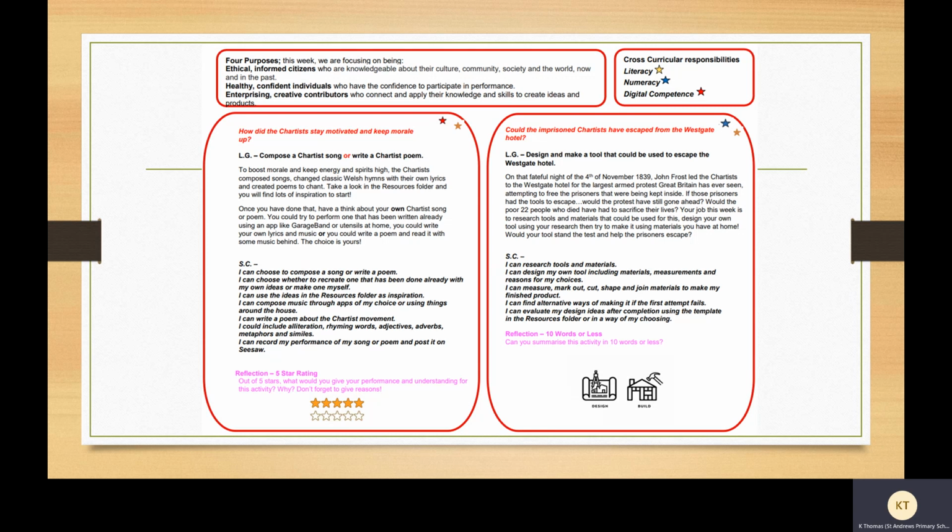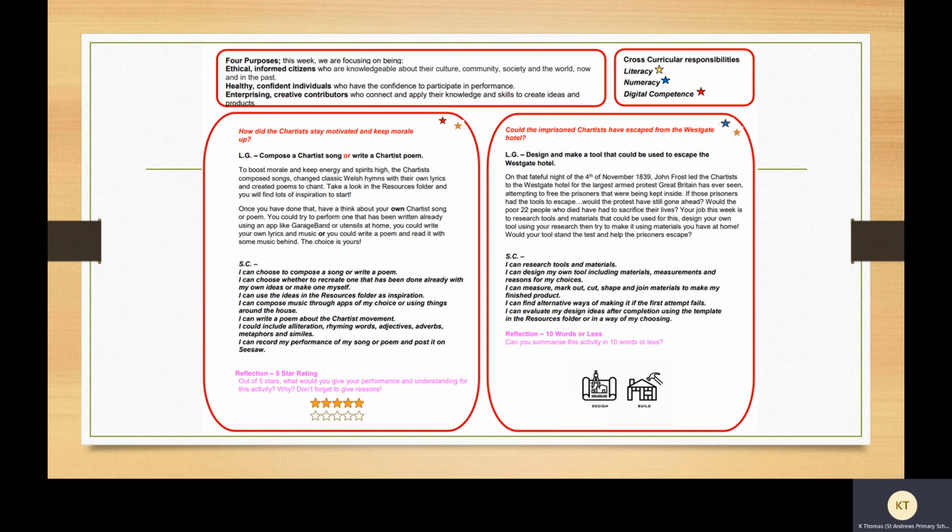I can write a poem about the Chartist movement. I could include alliteration, rhyming words, adjectives, adverbs, metaphors, and similes. I can record my performance of my song or poem and post it on Seesaw. Don't forget to complete the pink reflection task because your teachers would really love to see it.